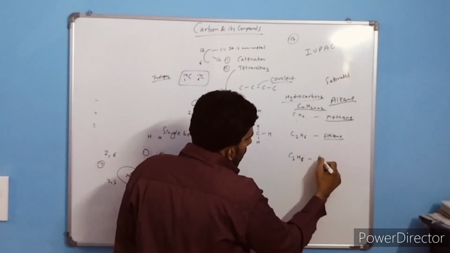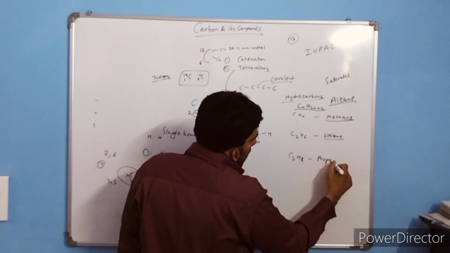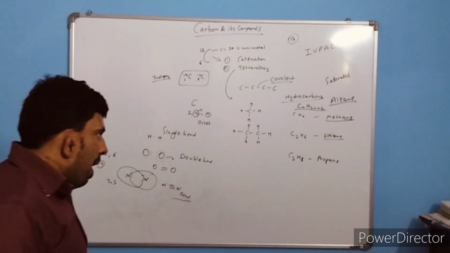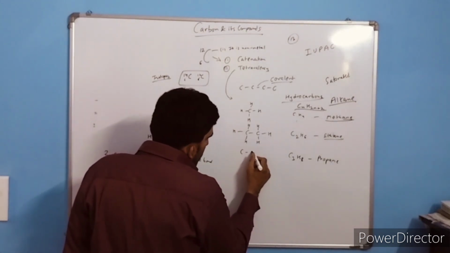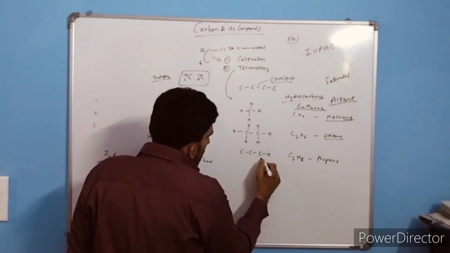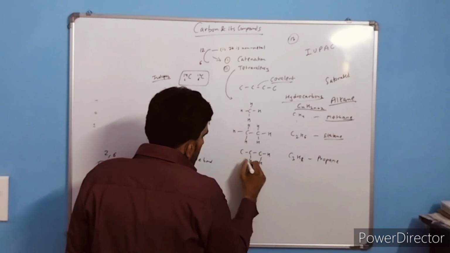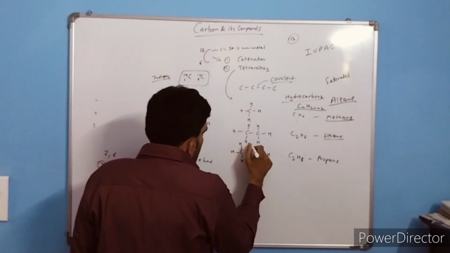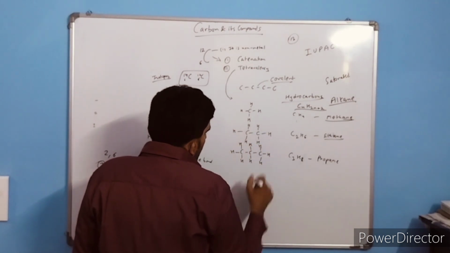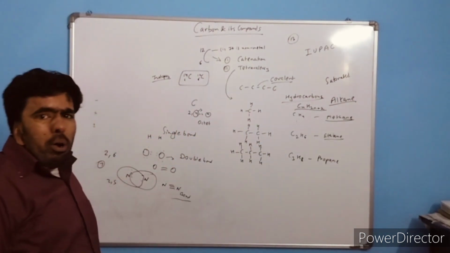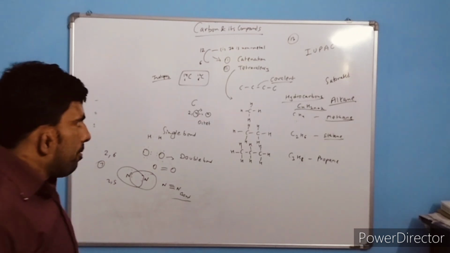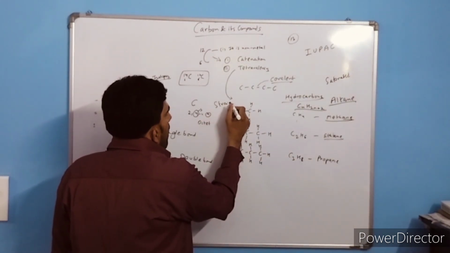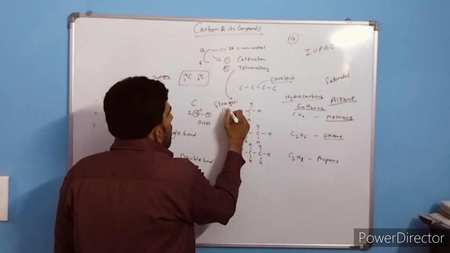That is called propane. What will the structure be? Like this. This type of structure is called a straight chain.